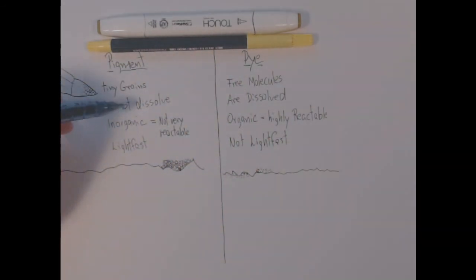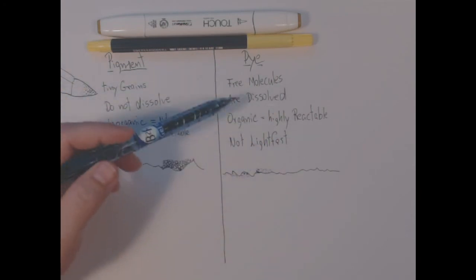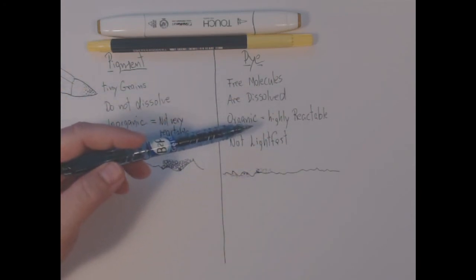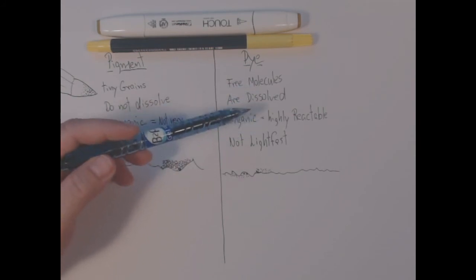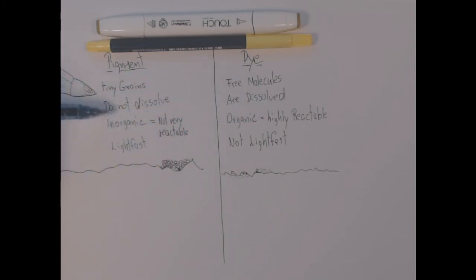Some pigments can last for centuries. There are not a lot of dyes that will do the same thing. Dyes usually pale in a matter of a few years at best, whereas most pigments last at least two or three years before they start to fade.